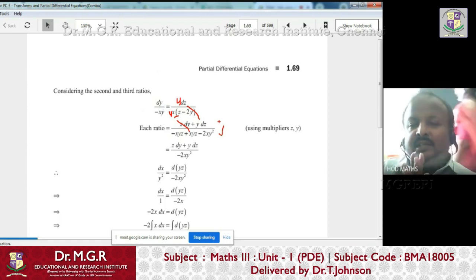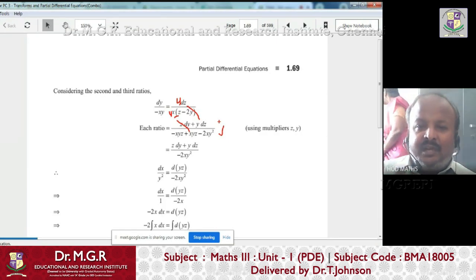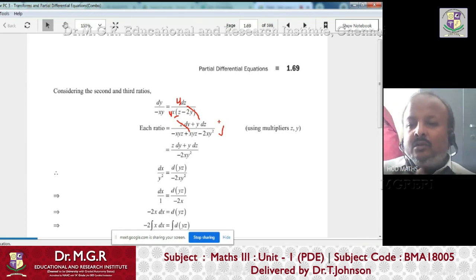Right? Because we try to eliminate x as much as possible, and we have to write only y and z. And not only try to write y and z, we have to split y with dy and z with dz, right? So this is only a trial and error method. So there's no formula or procedure. You have to use your common sense, right? And you have to do.